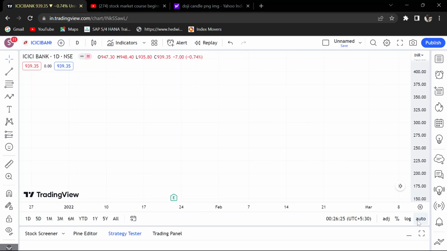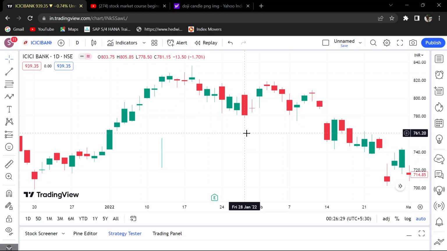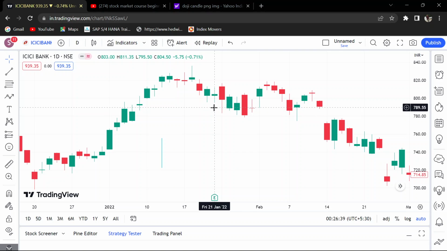This is a day candle. See, this is 28th, 27, 25, 26 maybe a holiday, right? 24, 21. This is Saturday, Sunday, holiday. 20. Like this, one candle daily.